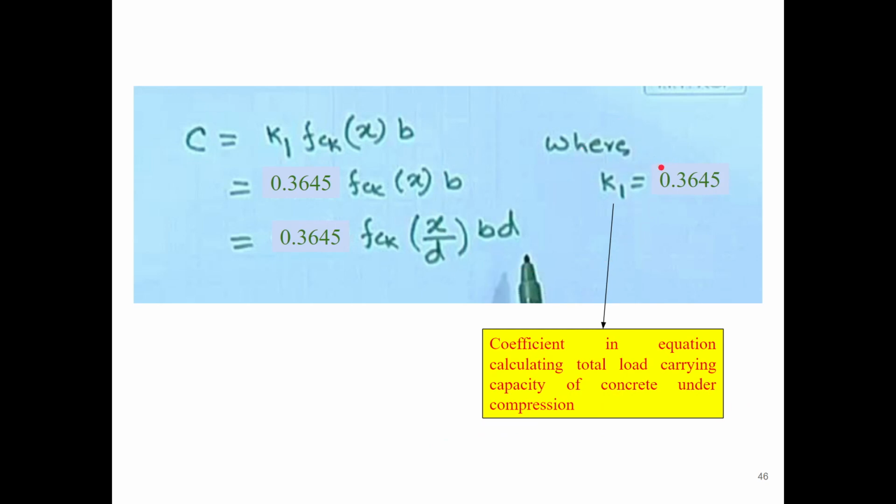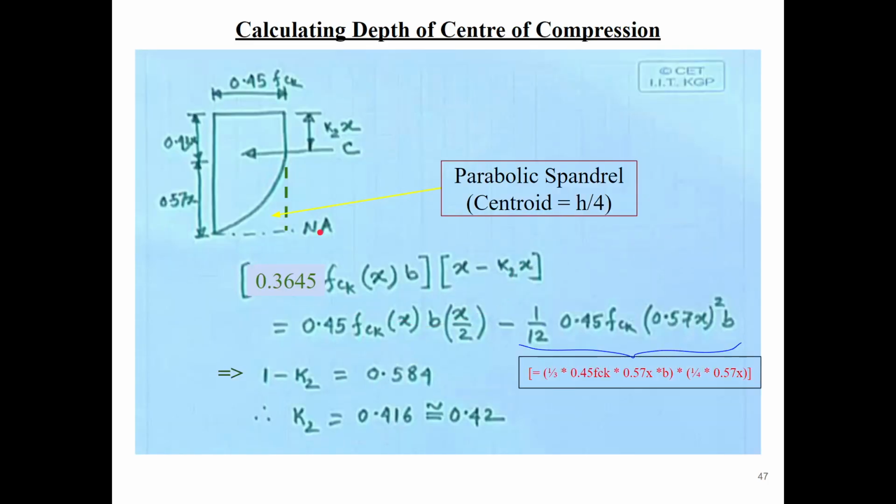We also found that 0.57 is the distance till where the stress increases parabolically, after which it becomes constant. Now we also need to find the depth of the center of compression.